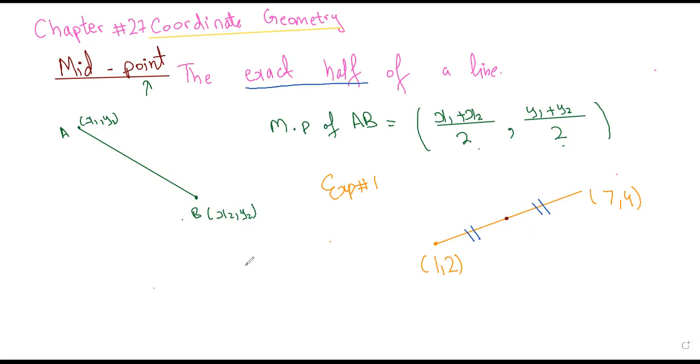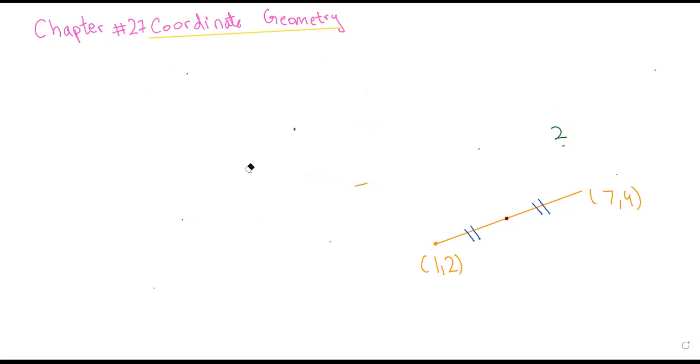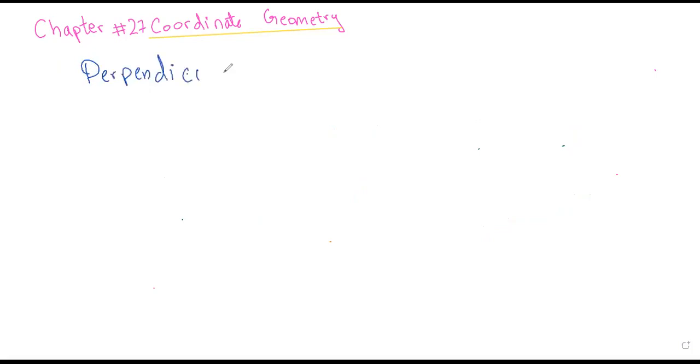Okay, now since we have discussed the relationship of slopes in case of two perpendicular lines, and we have also seen what midpoint is, so let's talk about another concept, that is perpendicular bisector. Okay, it is self-explanatory. Everything is written. We have everything in the word.